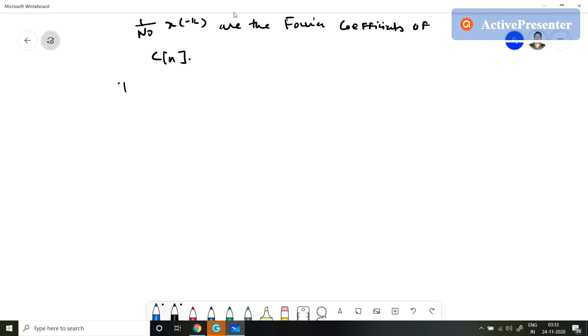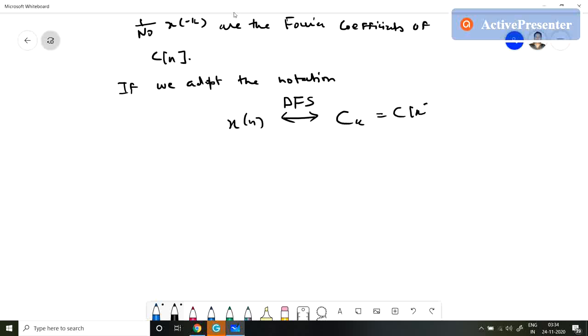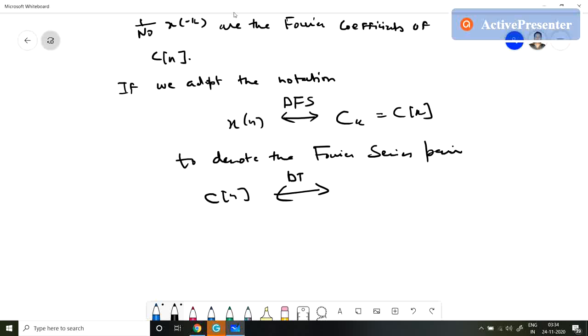So if we adopt the notation for the Fourier series pair, x[n] with discrete Fourier series Ck, then the discrete Fourier series of Cn is 1 divided by N naught x of minus k. It is very simple.